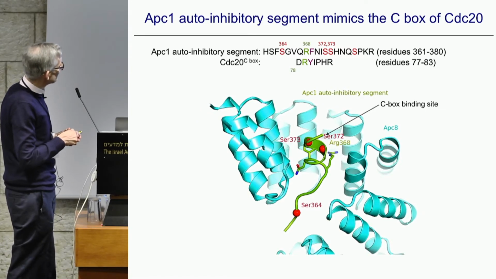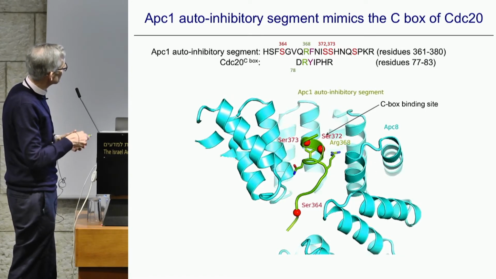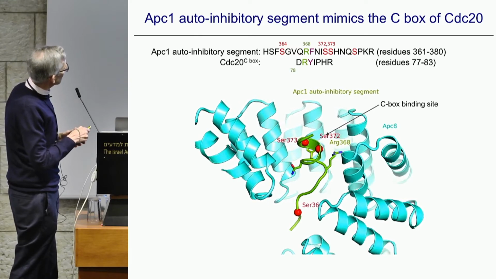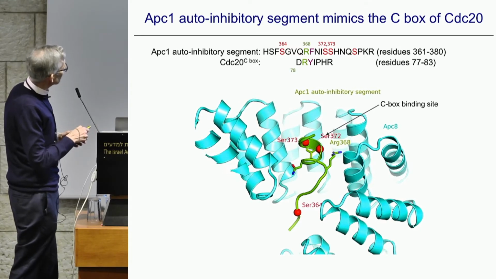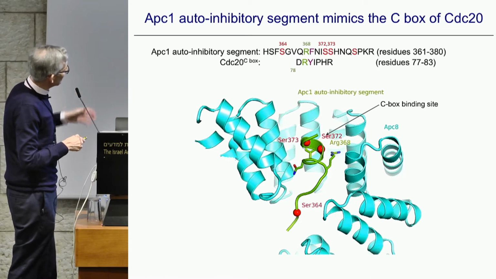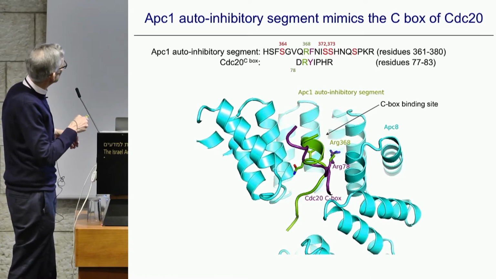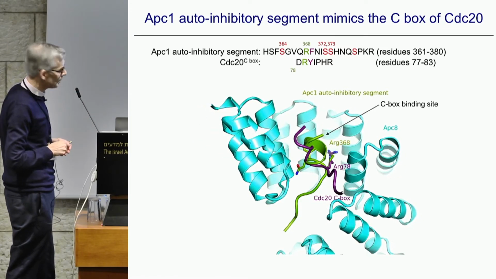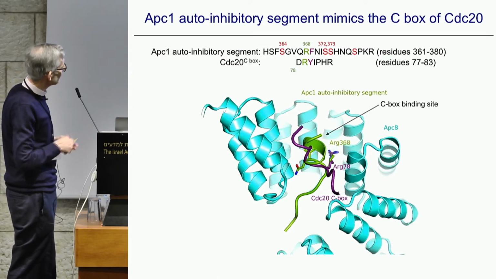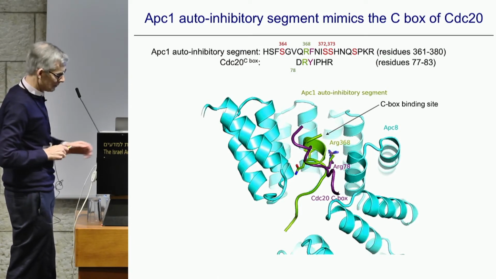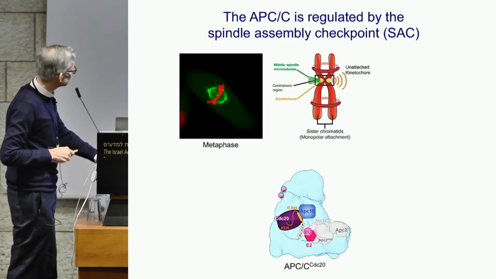So by phosphorylating these residues surrounding this central region, which contains this arginine and phenylalanine residue, the additional bulky phosphates would cause this autoinhibitory segment to be displaced from the C-box binding pocket and then allow the binding of the C-box in this site to activate the APC.